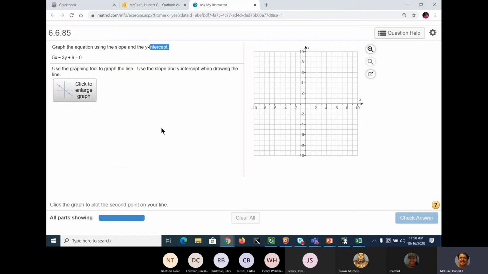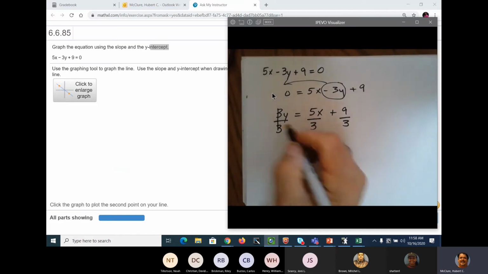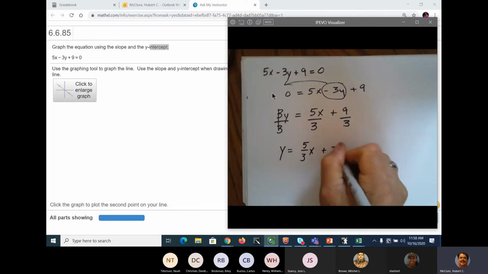I'm going to bring that 3y over here, and it becomes 3y is equal to 5x plus 9. Divide by 3. I'm sorry. And y is equal to 5/3 x plus 3.